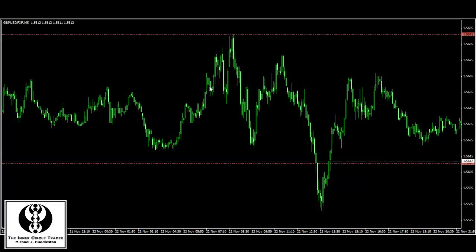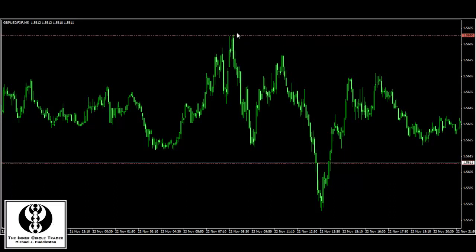Okay, so we have price running right up into the 156.90 level. Let's drop that on the 90 level because that's what that low was on the higher time frame, which would now provide a resistance level. Old support broken is now going to be resistance, or we should anticipate it as resistance.